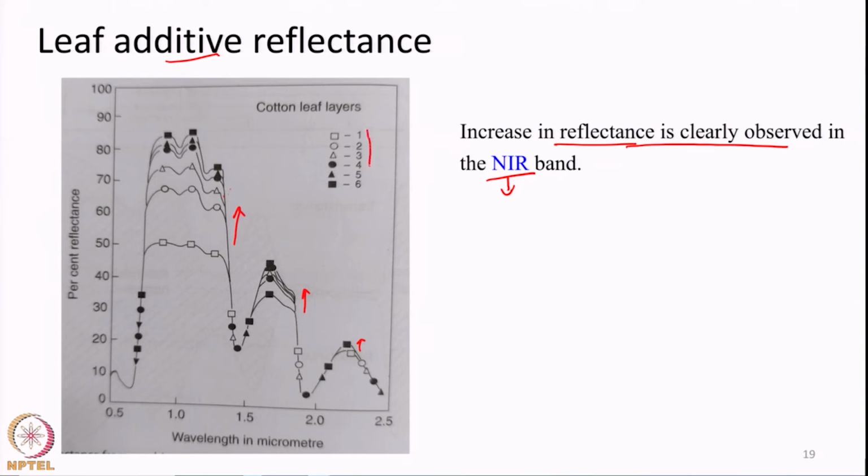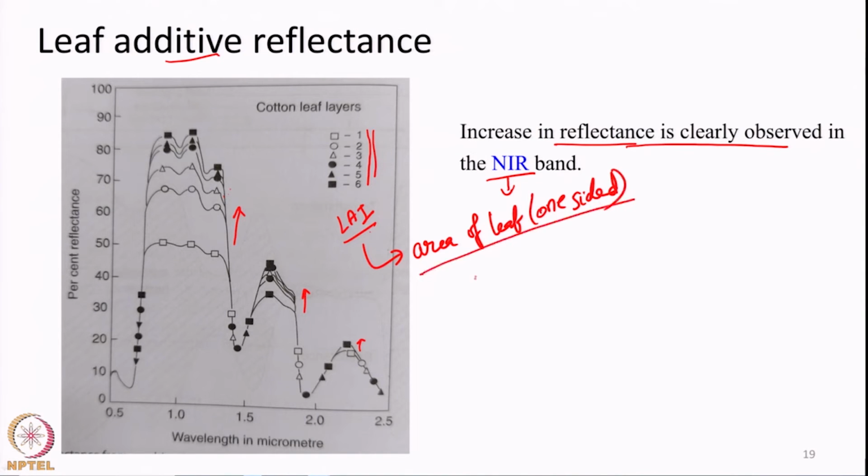So, the presence of a large number of leaves, or a very high leaf area index, what we call LAI. Leaf area index is the area of leaf, or to be more specific, one sided, because a leaf has two sides. So, the area of one side of the leaf, total, in a given ground area.